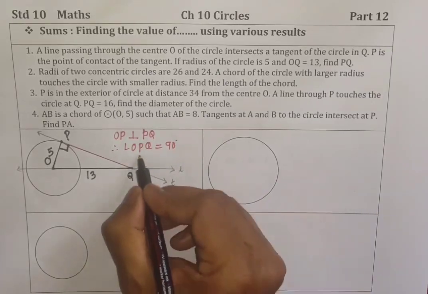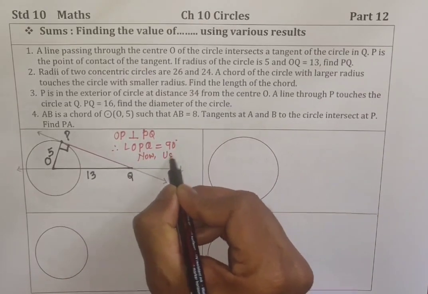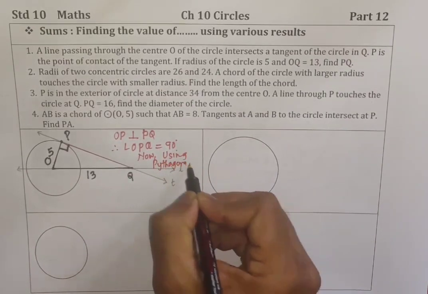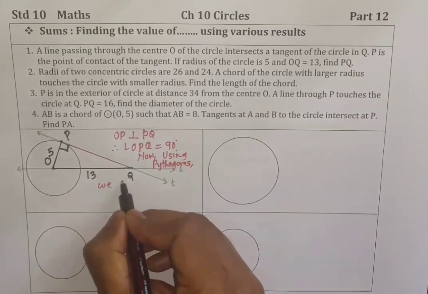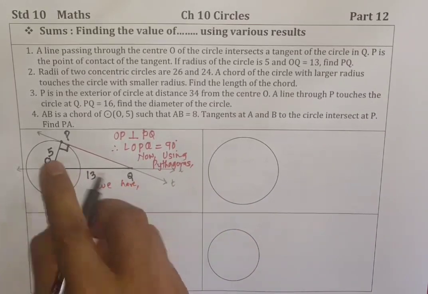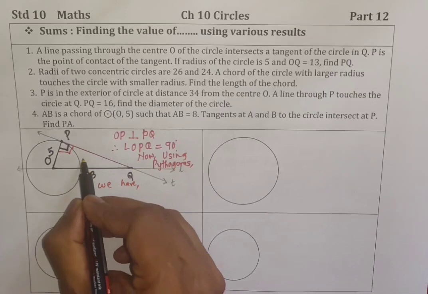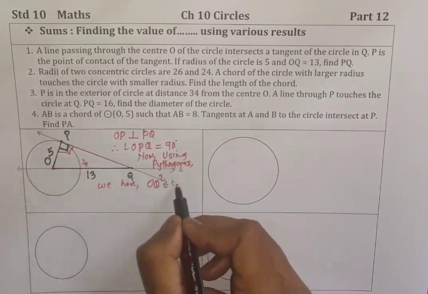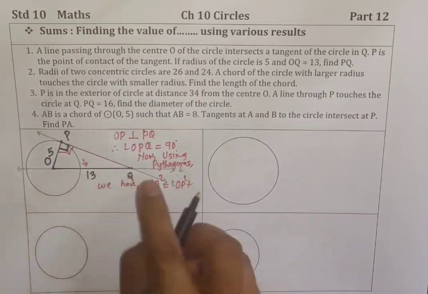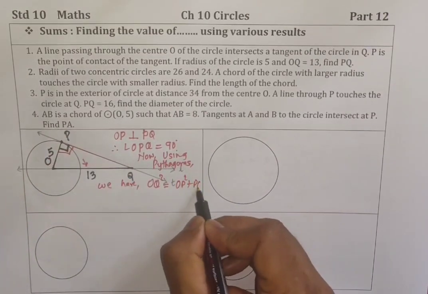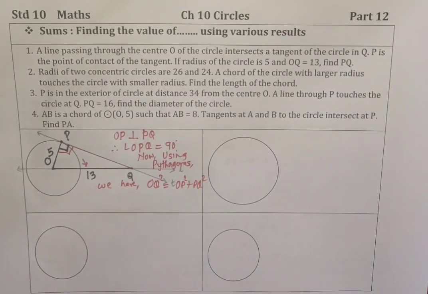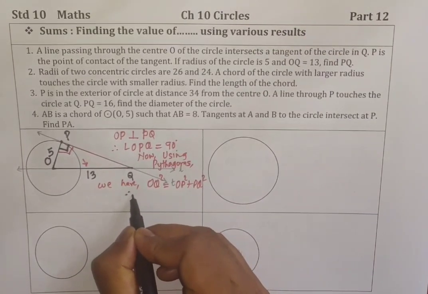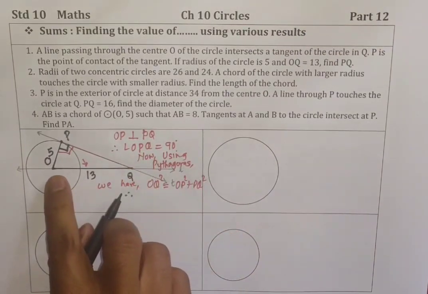That's it. Now, using Pythagoras, we have the right angle at P, and the side opposite it is OQ. OQ square is equal to OP square plus PQ square. Now whatever is available, you put. Therefore, what is OQ?